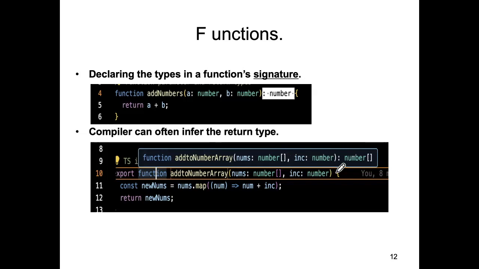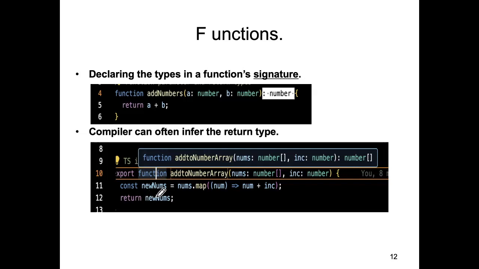You can see here, I'm not actually explicitly stating the return type of this function, but in the body, based on what I'm doing in the function, I'm invoking map on the array of numbers that have been passed in. I'm returning this new nums, which is going to be an array of numbers. It will infer that based on the kind of discussion we had earlier on.